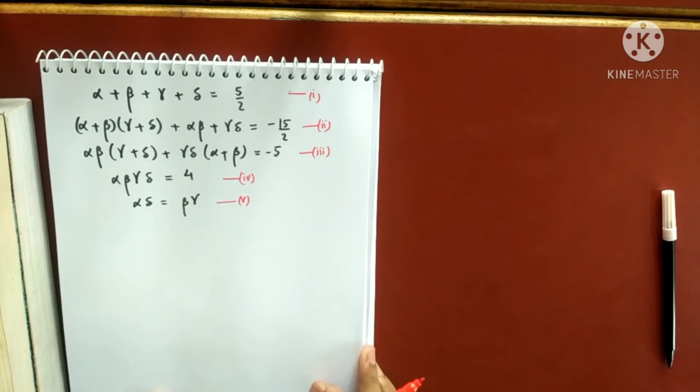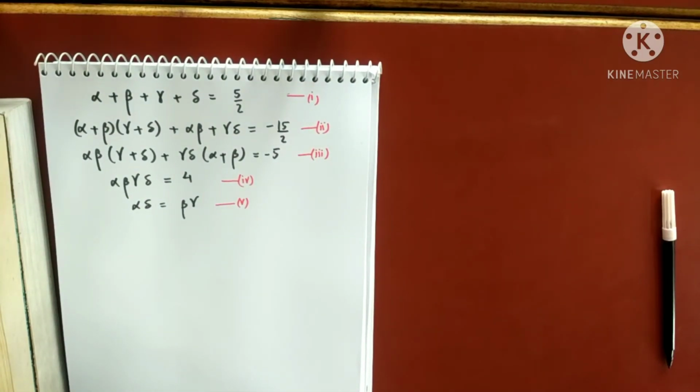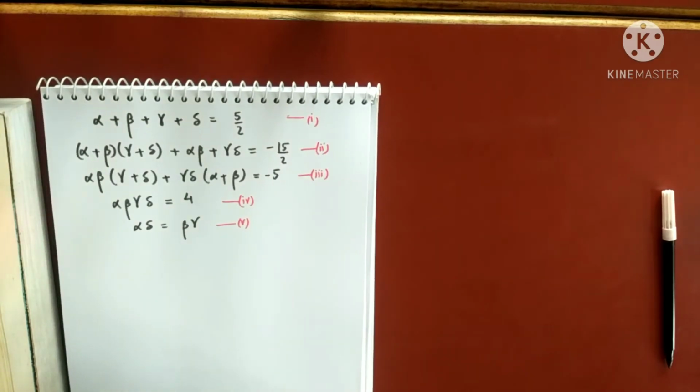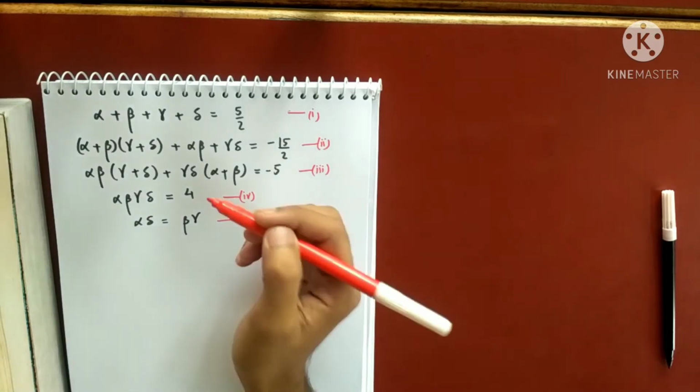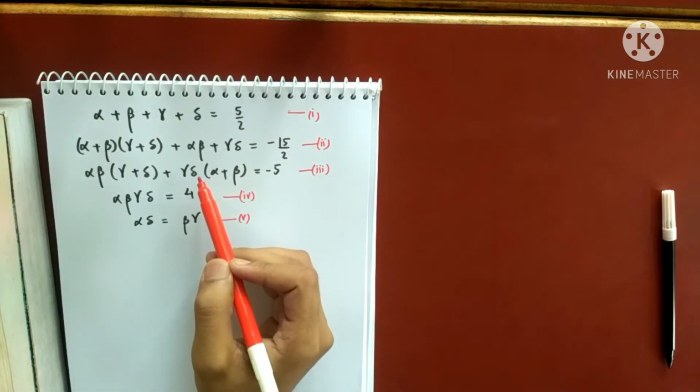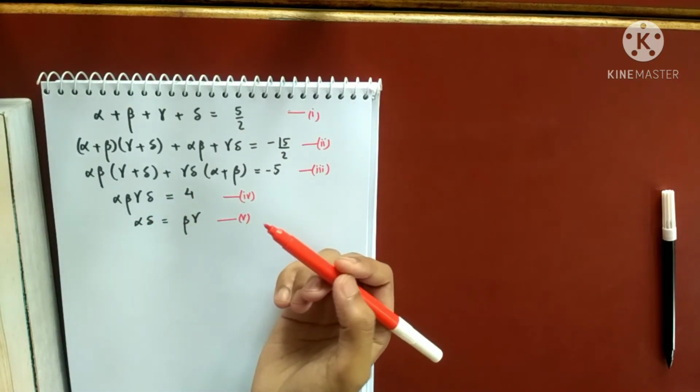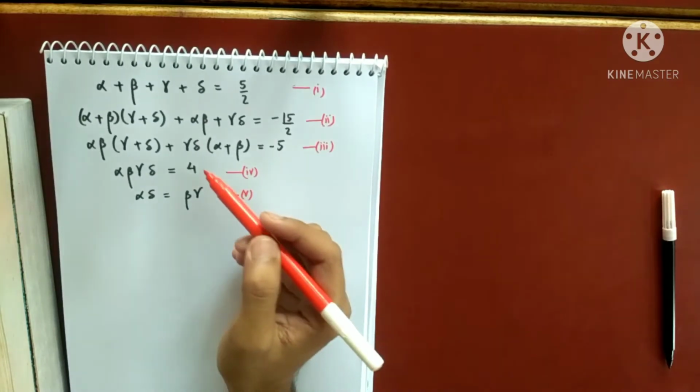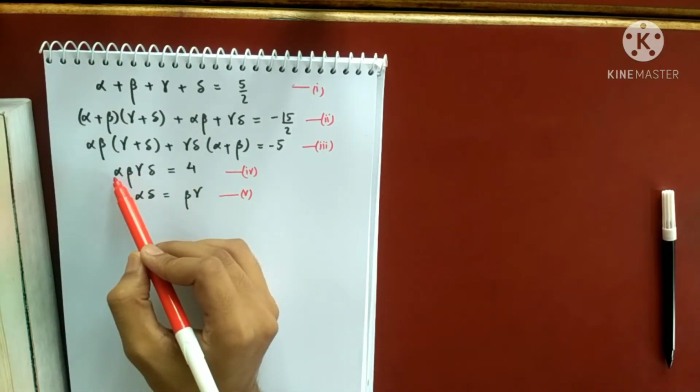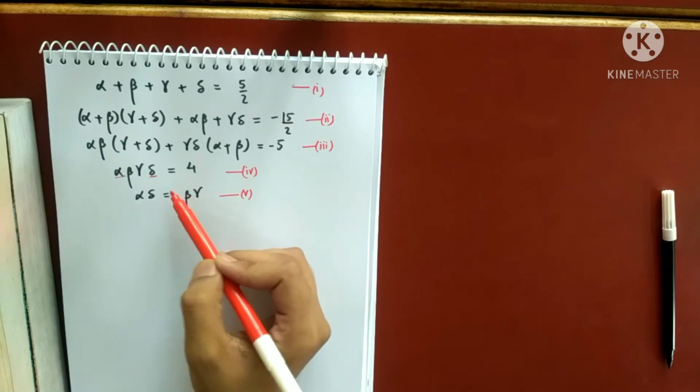Okay. Now, let's see how things can be solved. Firstly, where is alpha delta required? Instead of alpha delta, let's put beta gamma.